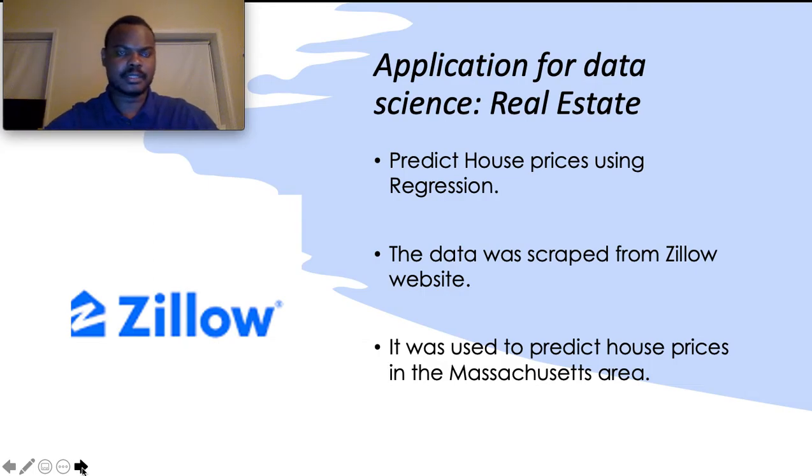Zillow is a house listing website that has information on different features of houses and the price associated with them. For this project, I focused on house prices within the Massachusetts area, and I tried to use regression to predict the prices of those houses.